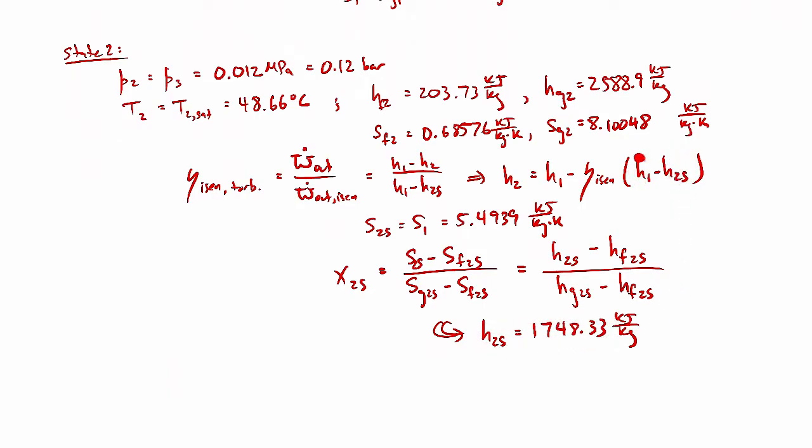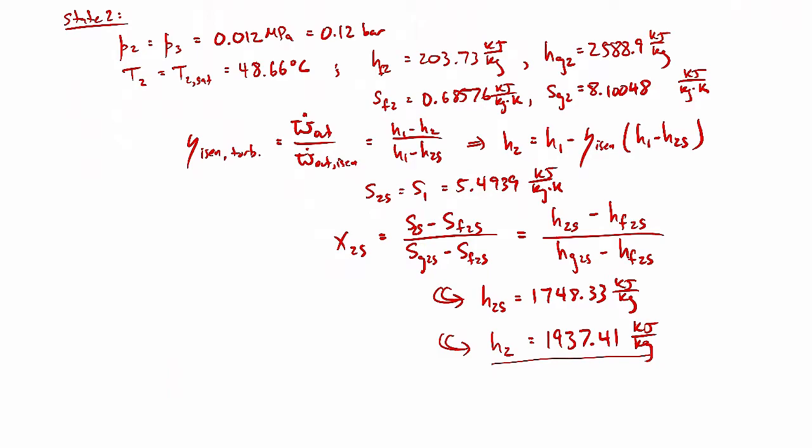I already calculated H1 above. I know the isentropic efficiency, so I can then calculate H2. And when I do that, that comes out to be 1937.41 kilojoules per kilogram. All right, so now I know my H2 value.